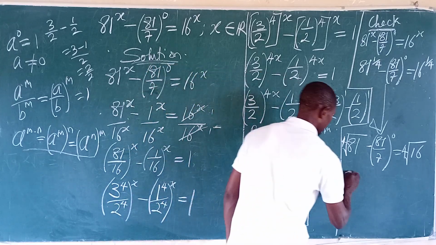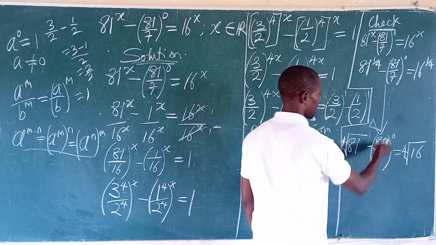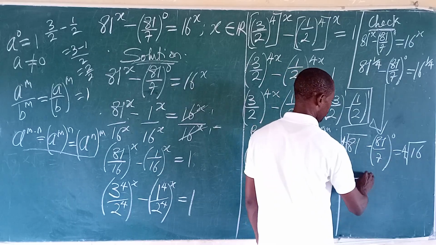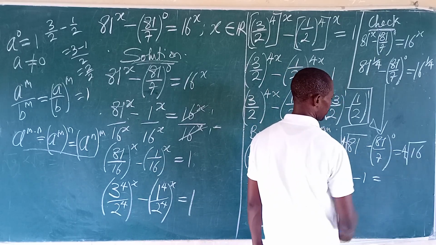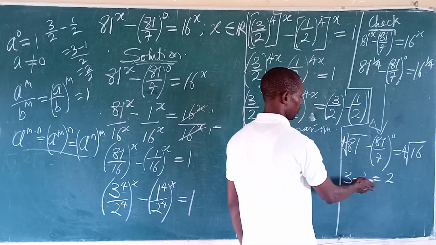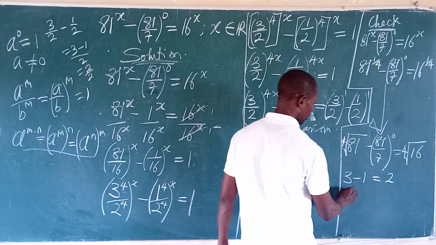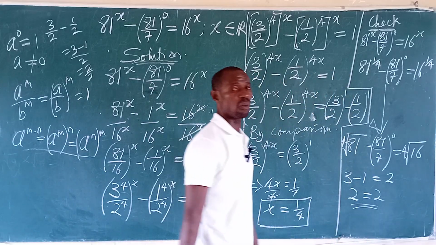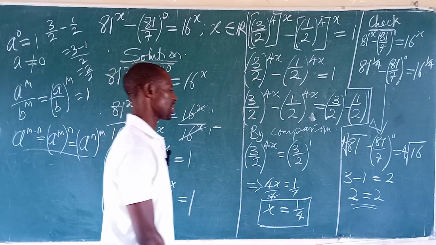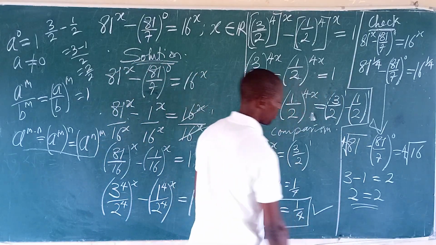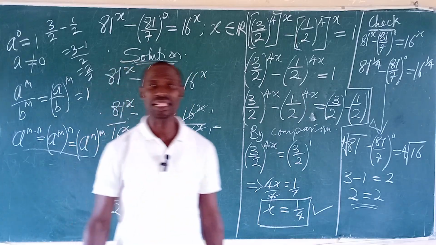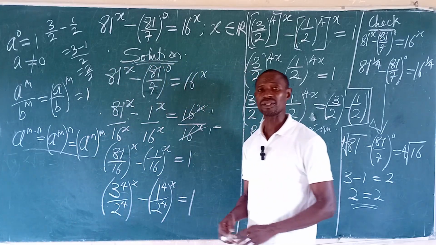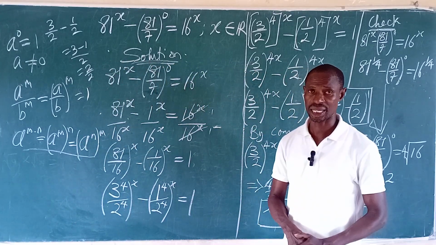So we're going to have 3 minus 1, since everything here will give us 1, equal to the 4th root of 16, which is 2. If we take away 1 from 3, that will give us 2 equal to 2. So that we have 2 equal to 2 means that the answer we solved for, x equal to 1 all over 4, actually satisfies the original equation. So this is how you solve and verify equations of this kind.